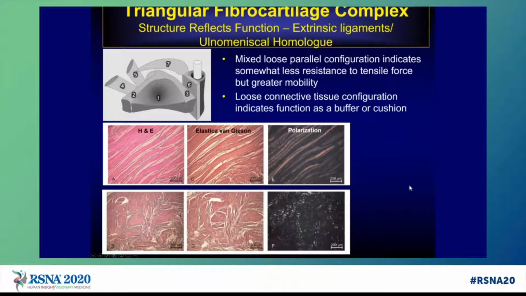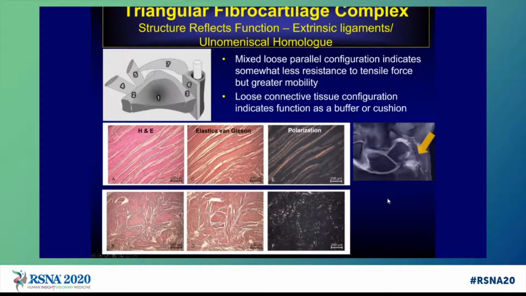This is a buffer or a cushion as you consider that tissue that extends along distally, the ulnar aspect of the wrist. Now, as you look at this coronal fluid sensitive sequence, here you're seeing the triangular fibrocartilage, and as you move distally, you see the ulnomeniscal homologue, the cushion that exists.